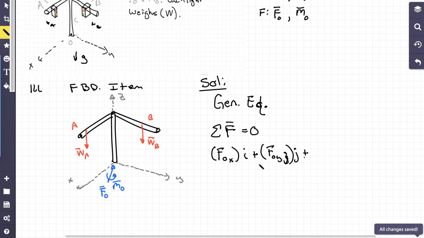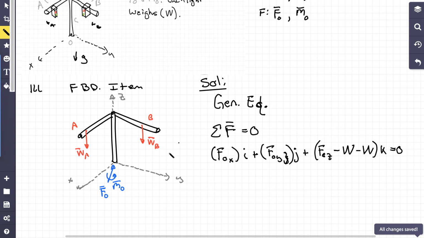And then we have the force Foz minus the weight of these two. These are the only things, and we can simplify that to the weight minus another weight. And that is in the k. All of that gets equal to 0.